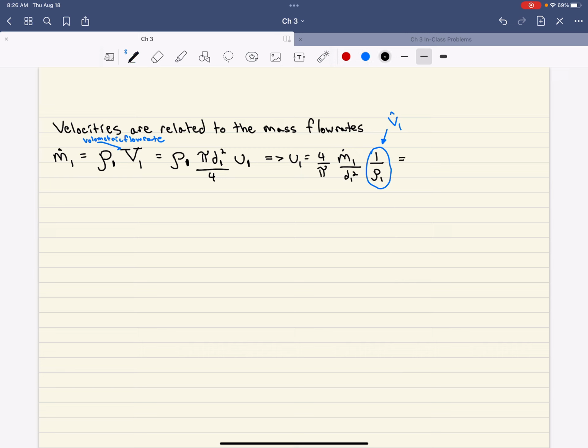And so the velocity we could then rewrite like this, v1 hat. And this v1 hat, this is something that you can get from the steam table.